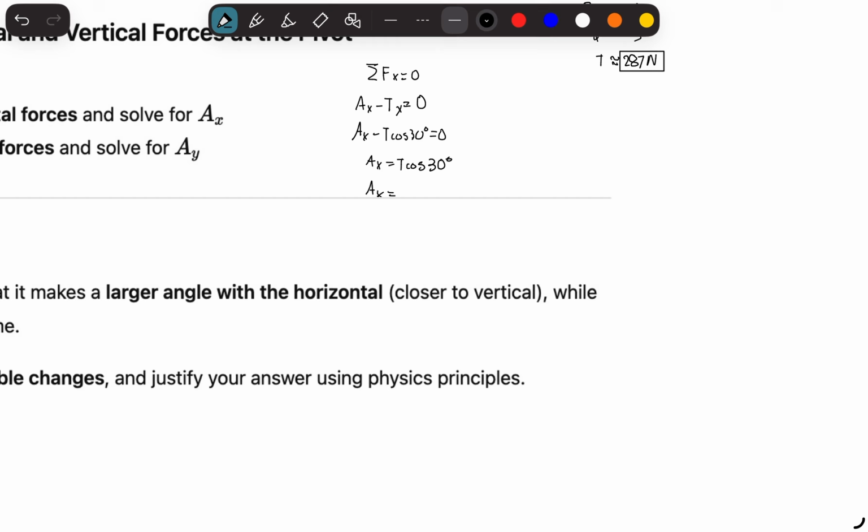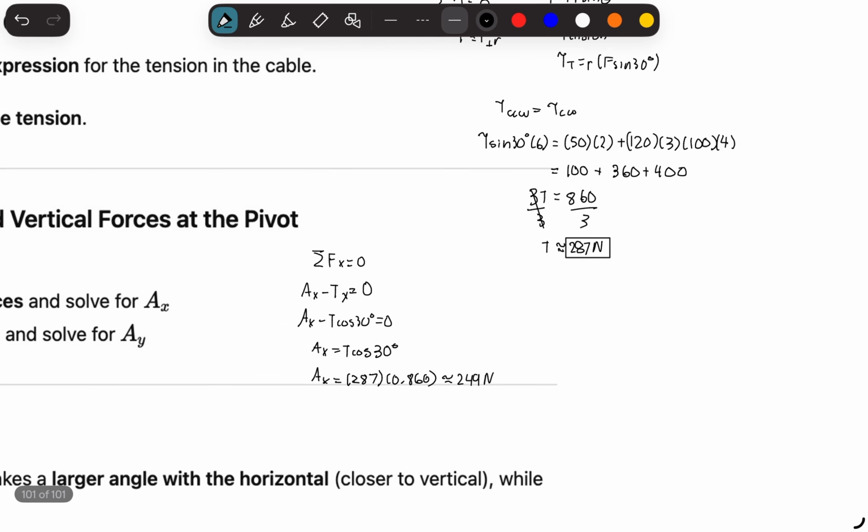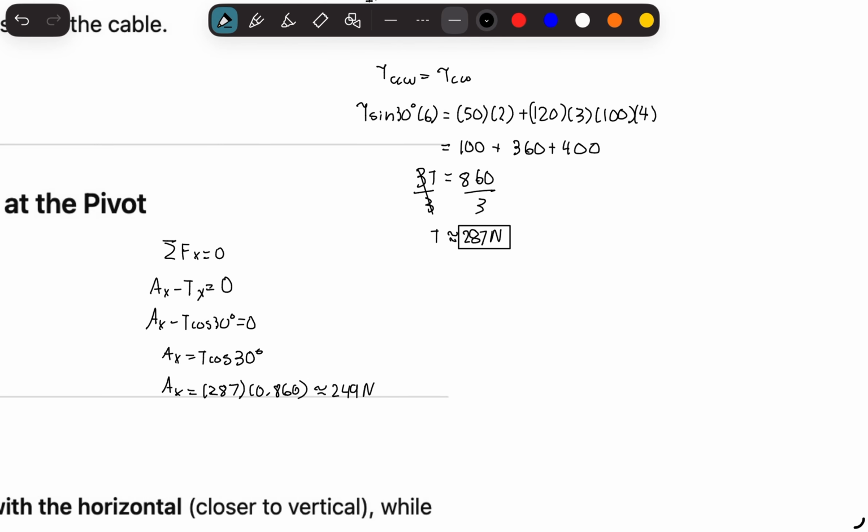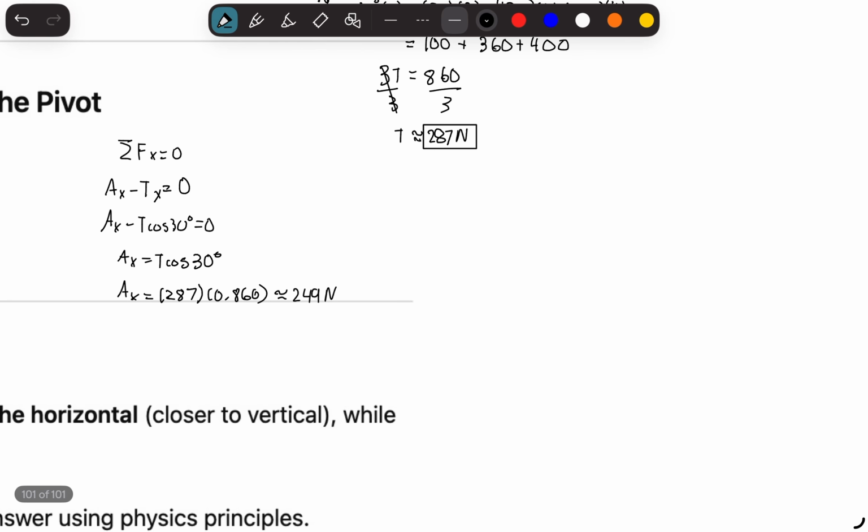So AX is equal to T cosine of 30 degrees. If you plug in, this is going to be equal to 287 times 0.866, which is approximately 249 newtons, because we got our tension force over here. Now, AY plus 287 times 0.5 minus 270 is equal to 0.